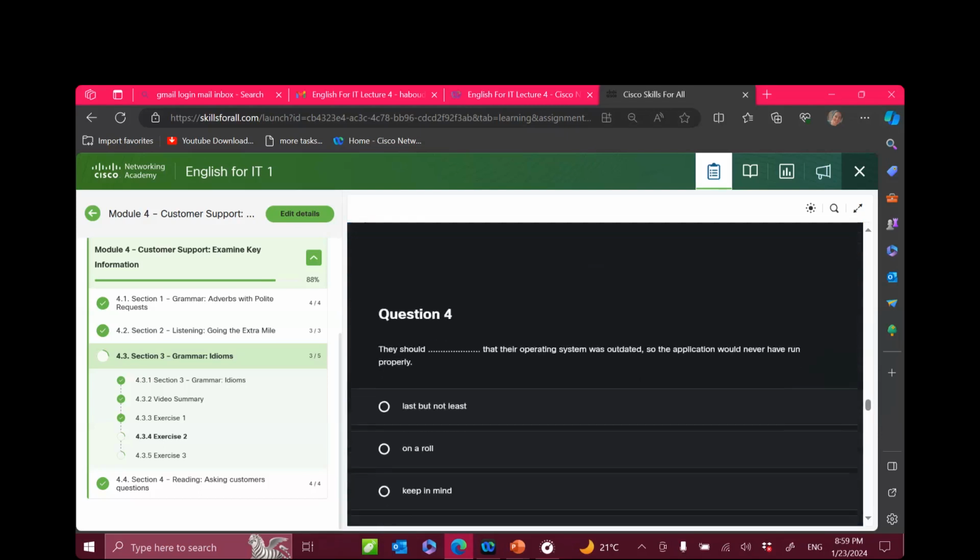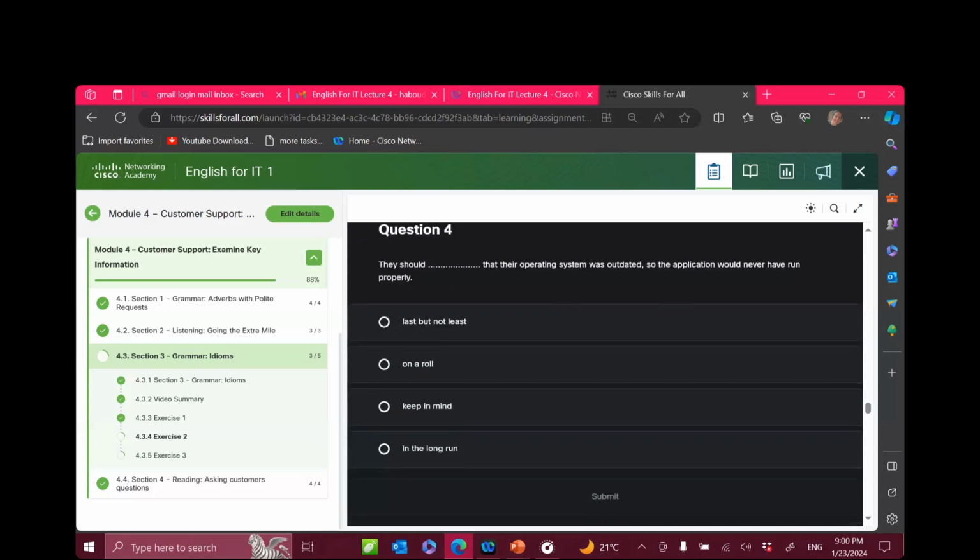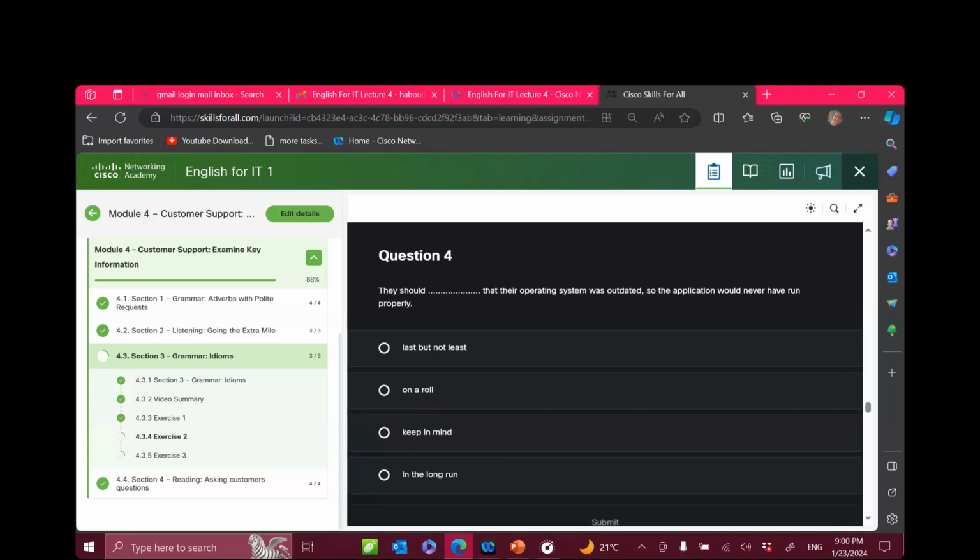Very good. Question number 4. They should that their operating system was outdated, so the application would never have run properly. Last but not least, or on a roll, or keep in mind, or in the long run?